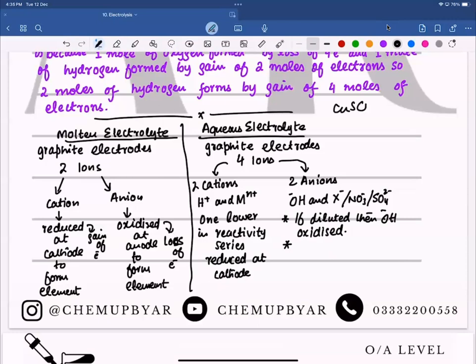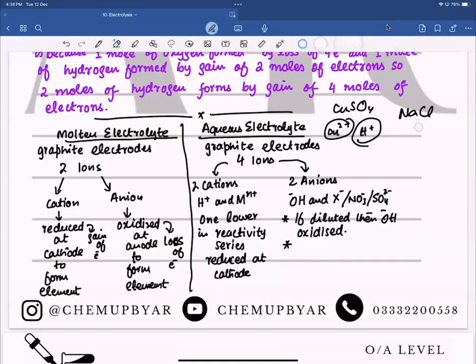For example, copper sulfate: there is a copper ion and a hydrogen ion. If it's aqueous sodium chloride, there is a sodium ion, a chloride ion, and a hydrogen ion. If you are taking aqueous, every time there is a hydrogen ion and the other ion depends upon the electrolyte, and that is always a metal ion. That's why I have written Mn+, a general symbol.